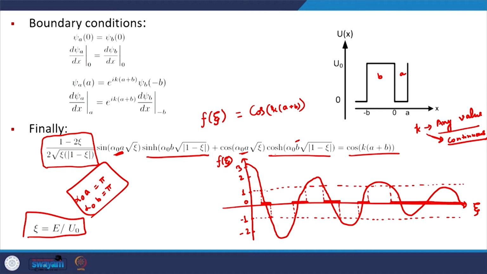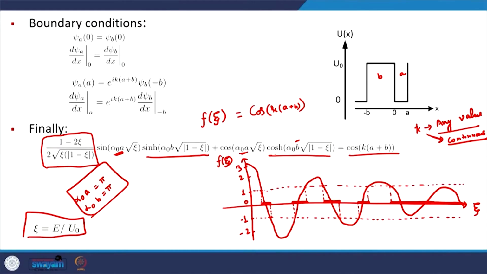So, this is not an exact plot, but this is a qualitative picture of how the solutions of the Schrodinger equation exist according to the KP model, and we can see that there are certain xi values, which in other words mean certain energy values, for which there exists a valid k, which means there exists a valid wave function, and there are certain other energy values for which there is no valid k, which means there is no valid wave function corresponding to those xi values.